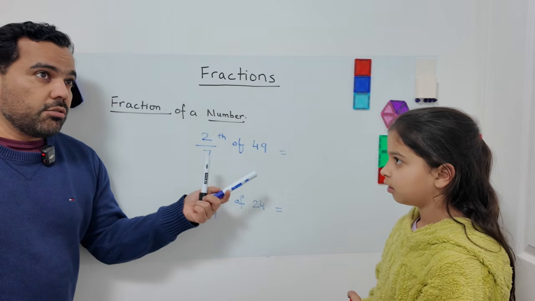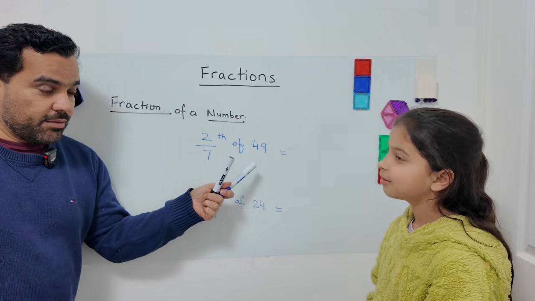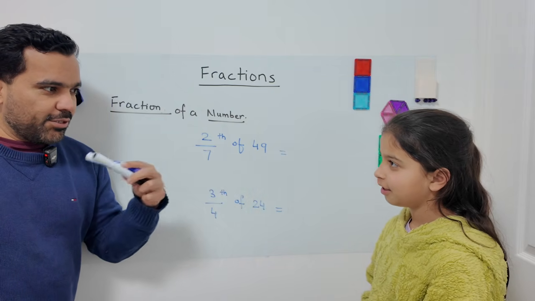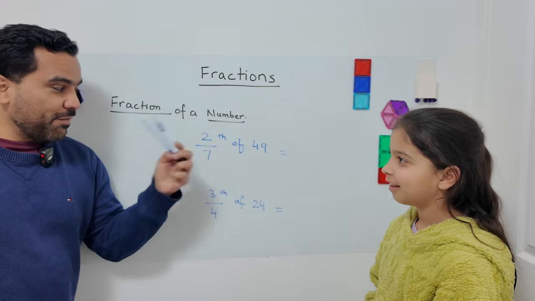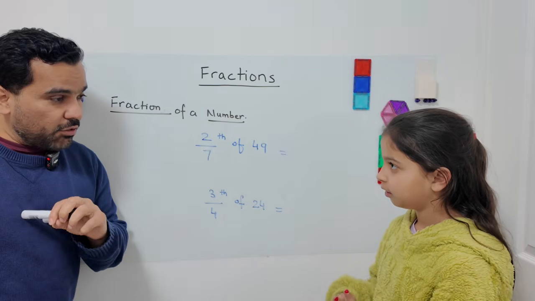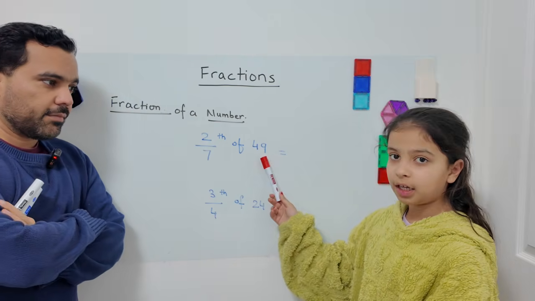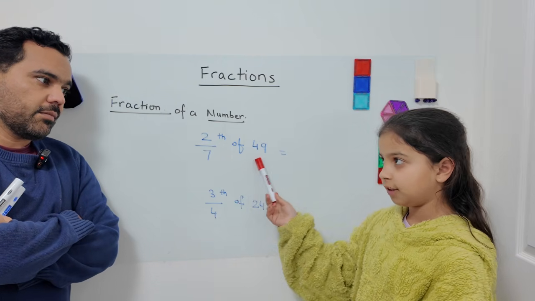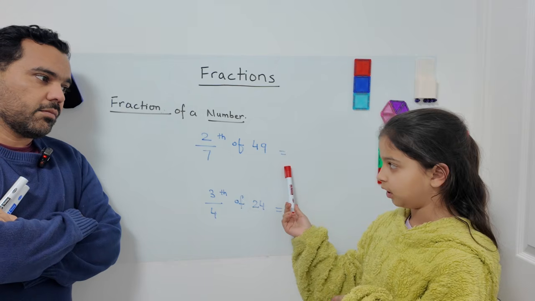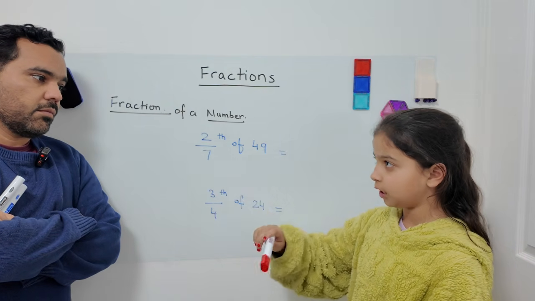Say you went to Halloween and you collected 49 chocolates altogether. But I took your bucket and I gave you 2/7 of them per week. So how many chocolates do you get per week? First of all, I have to divide 49 by 7, and that gives me 7 because 7 times 7 is 49. And then I must multiply 7 by 2, and that is 14.